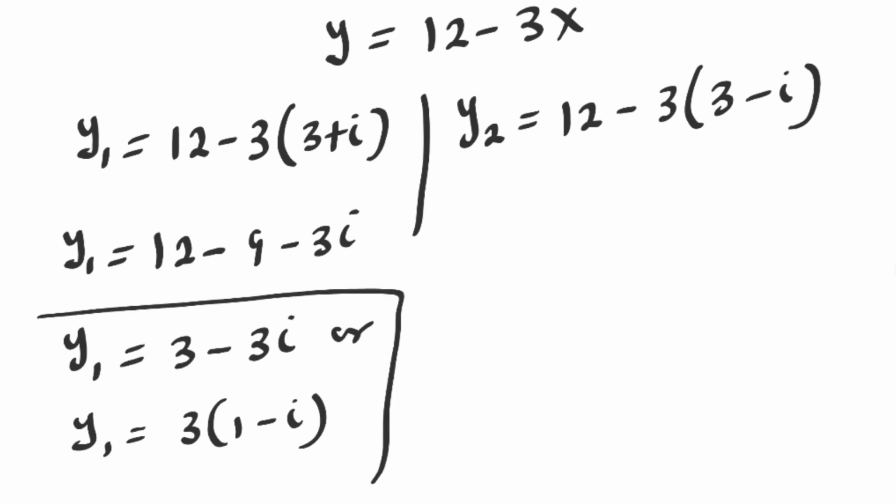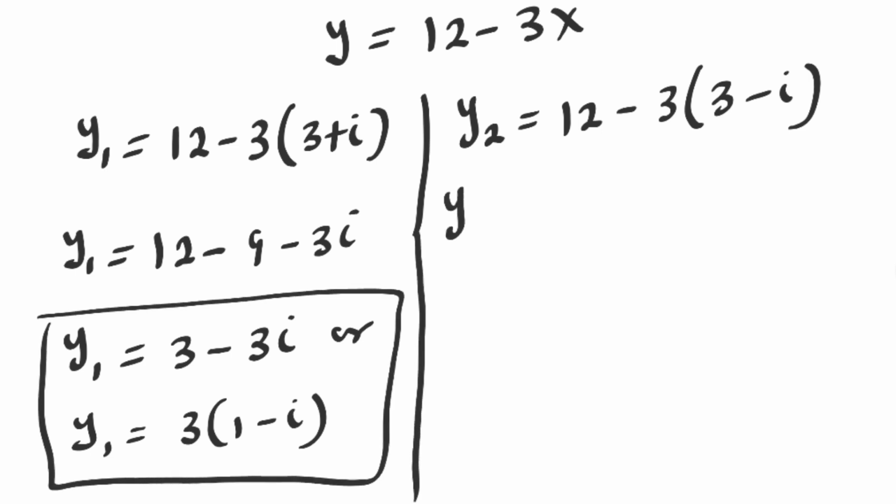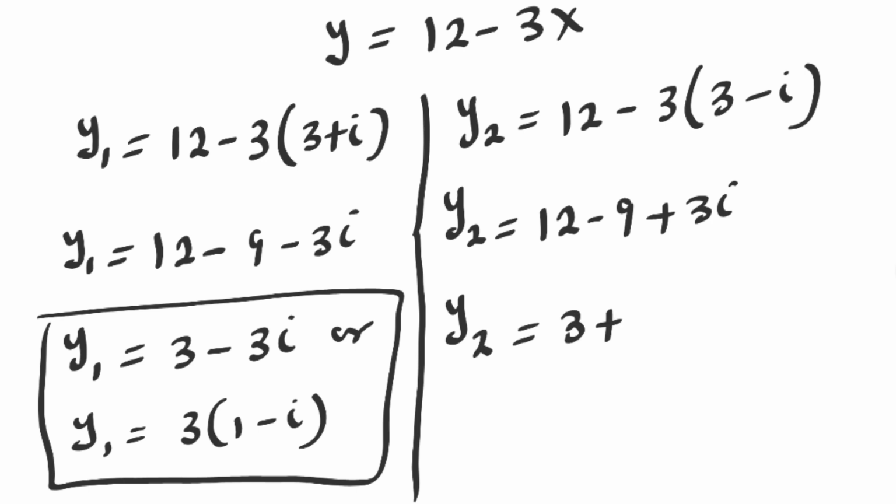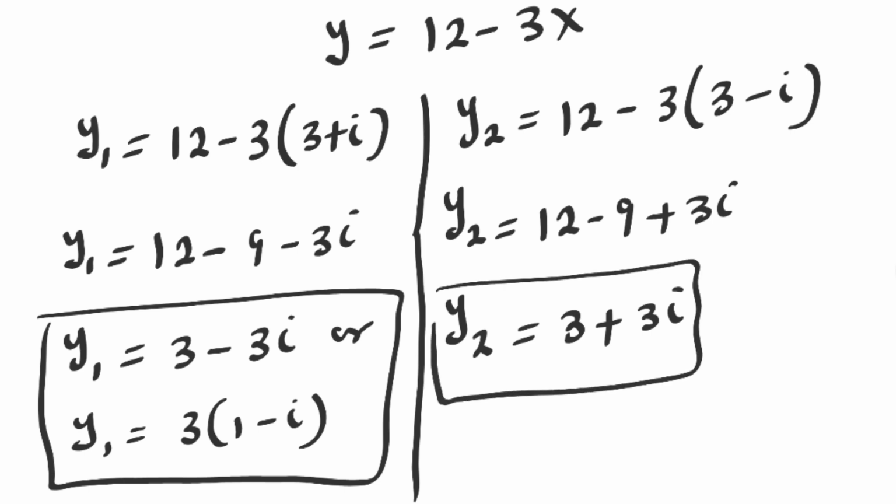This is the value of y1. Also, y2 is equal to 12 minus 3 multiplied by 3, that is minus 9. Then minus 3 multiplied by minus i, this is plus 3i. y2 is equal to 12 minus 9, this is 3 plus 3i. This is the value of y2.